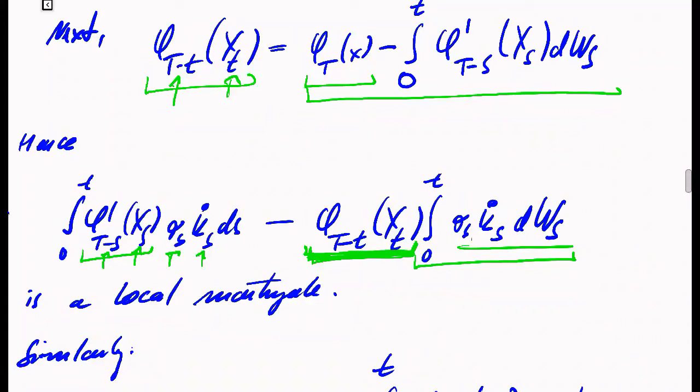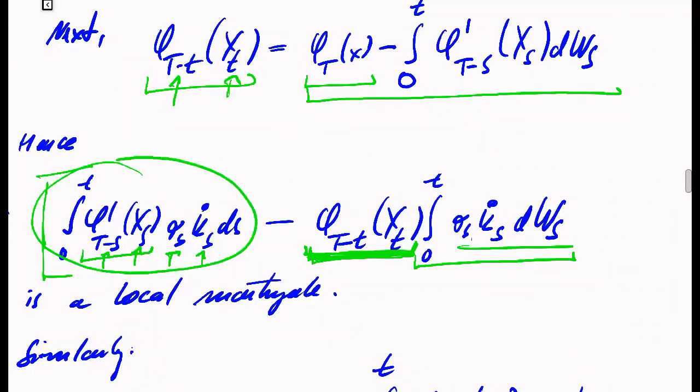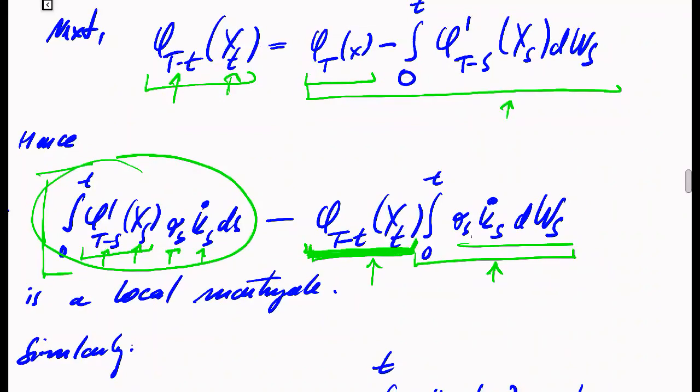And we know that if we subtract from the product of two local martingales the bracket process, then that yields back again a local martingale. And it's a simple exercise to convince yourself that this term here is nothing but the bracket process of this local martingale with this local martingale. That's a direct consequence of this representation of this martingale through the formula above.